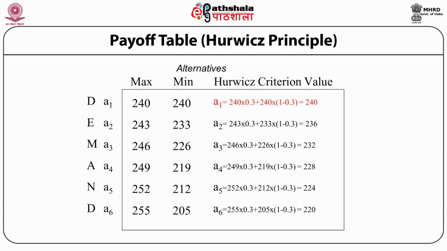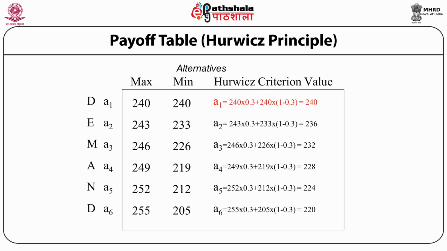So in this slide you can see that we prepare the table comprising of the maximum and minimum payoff for each alternative. In the first column we have shown the maximum payoffs, and in the second column we have shown the minimum payoffs for the alternatives.